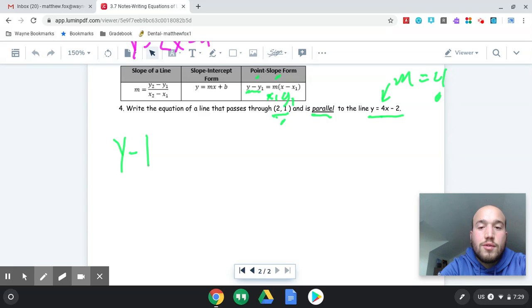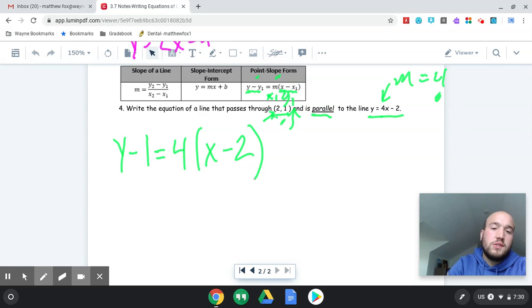If you're not sure where I'm getting that from, it's right here in this point. Now, our slope, it's parallel, so we know it's the same, so we put the 4 in. Put your parentheses, x minus x1, and our x1 was 2. So y minus 1 equals 4 times the parentheses x minus 2.